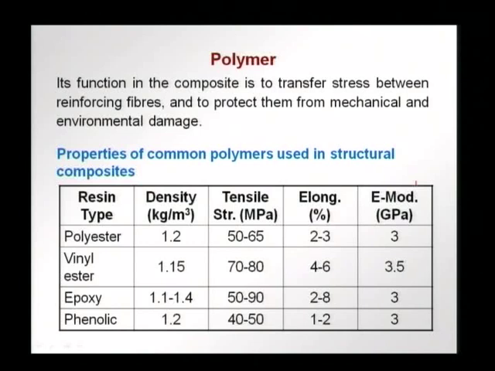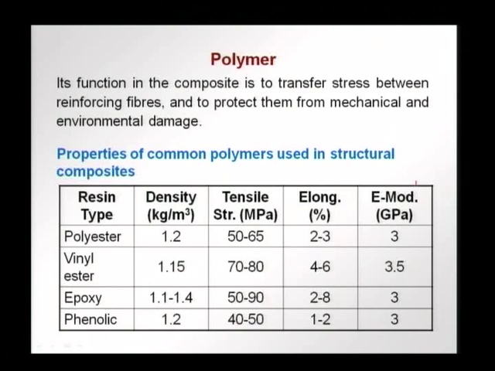The polymer transfers the stress from one fiber to the other and also gives the composite a certain shape. It protects the fibers also from mechanical and environmental damage and basically holds the composite together.